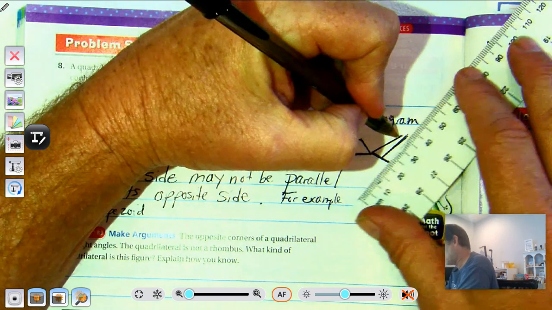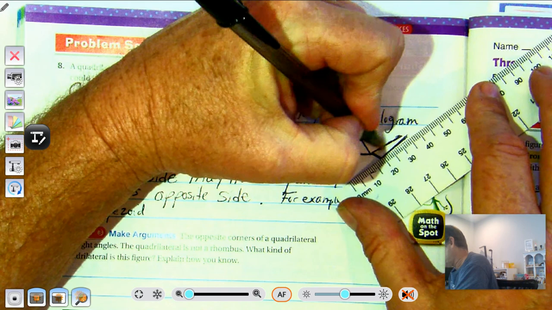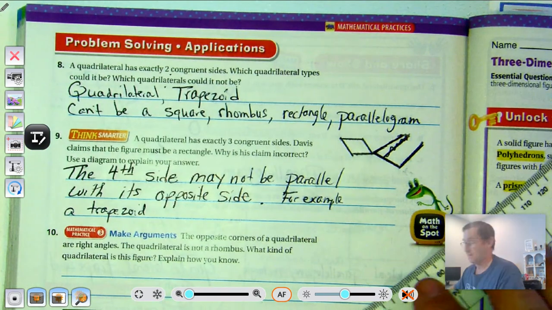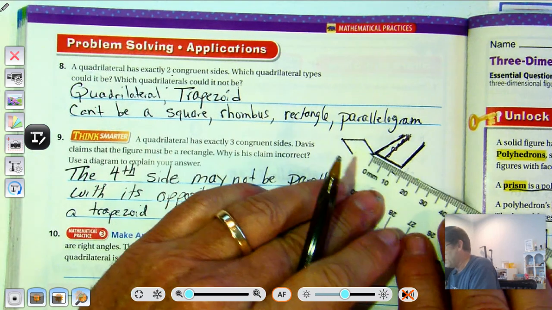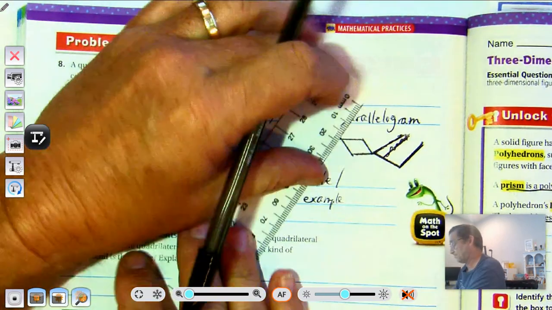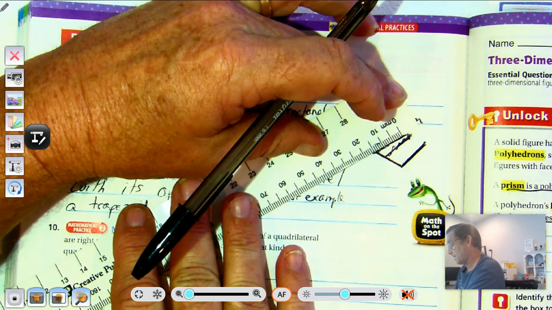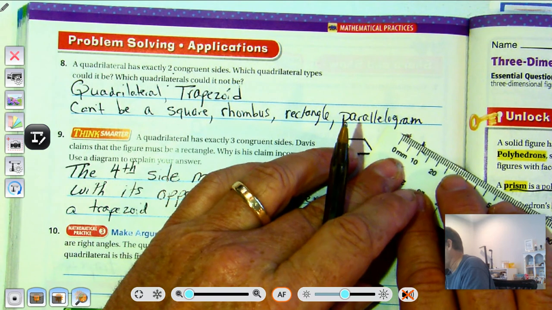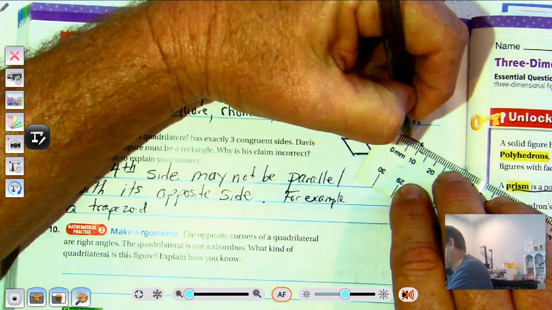Okay. So we're going to ignore that middle line there. I kind of messed that up. But so these are 15. Okay. All 3 sides are 15. But when I close this, the top side is only 10.